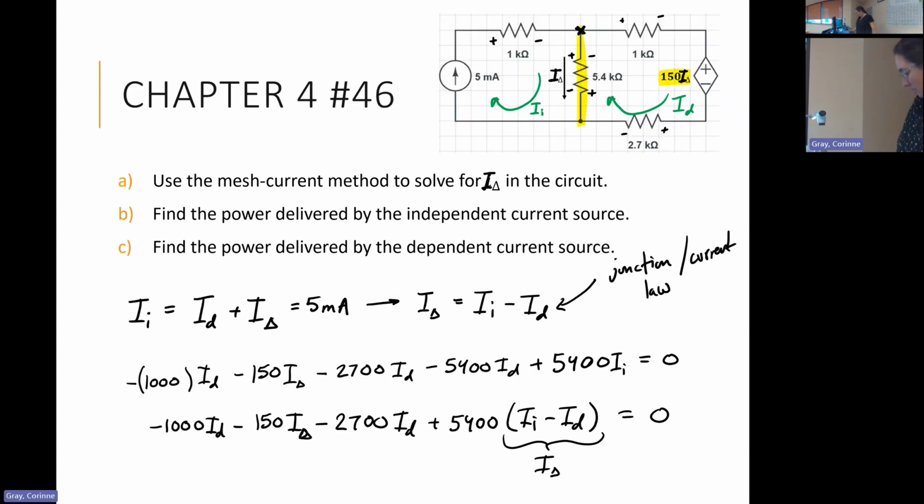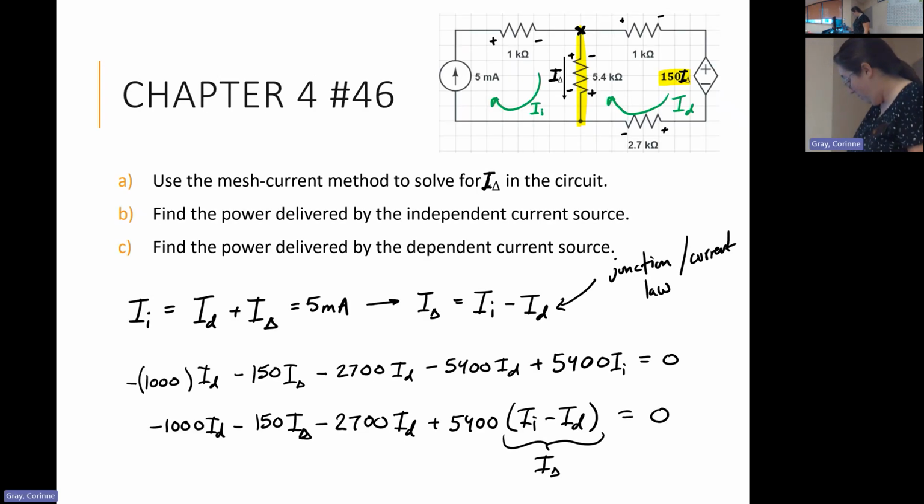ID minus 150. So here we plug in I delta, so II minus ID. So again, we're replacing the delta in here with this because we know II.